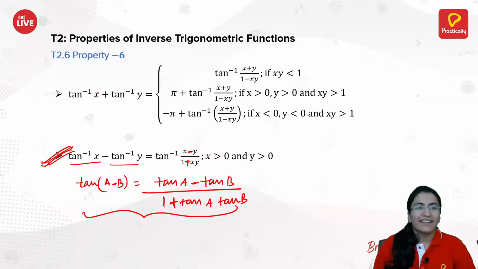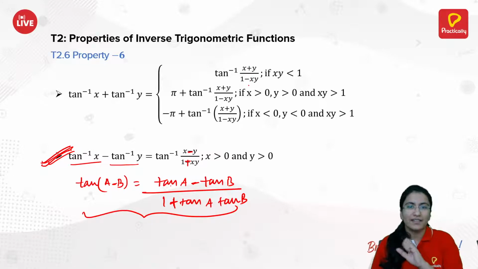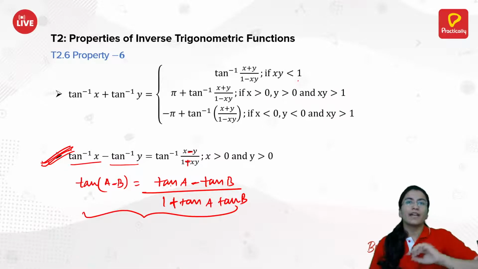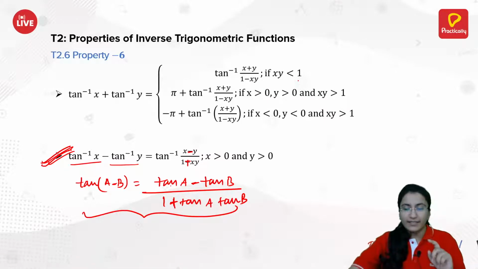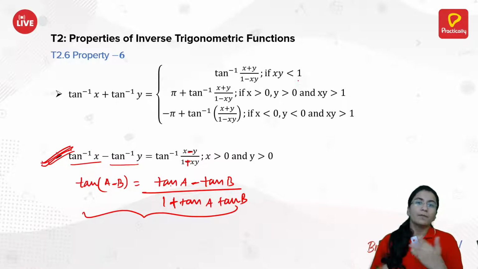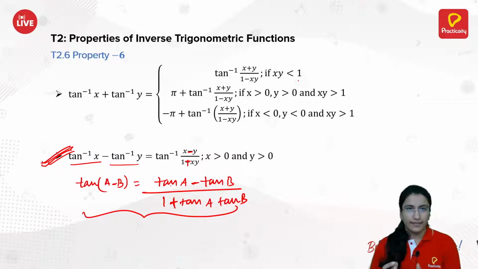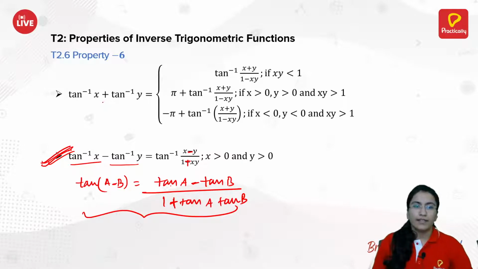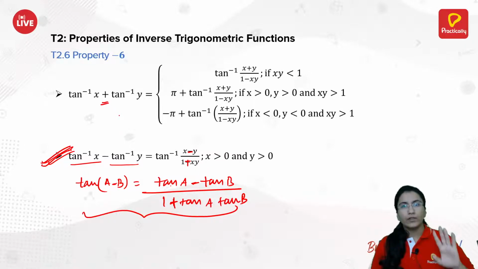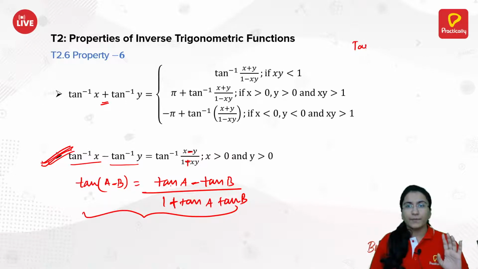Here tan inverse x plus tan inverse y. You have tan inverse of (x plus y) over (1 minus xy), if x into y is less than 1. How can you remember this property? Let's just see. When you get a plus sign, the first task you need to do is task 1.